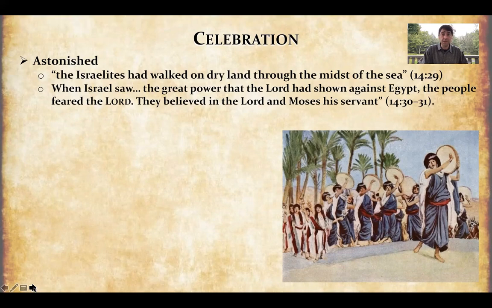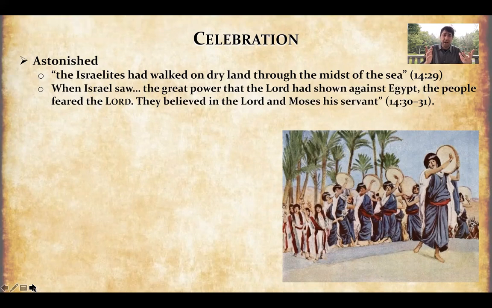And when Israel saw the great power that the Lord had shown against Egypt, the people feared the Lord, and they believed in the Lord and Moses, his servant. So you have this conversion, this sudden and complete conversion. Even at the end there, when the Pharaoh was about to attack them, they still didn't really believe in the Lord and Moses.